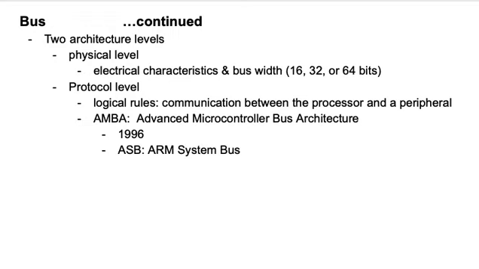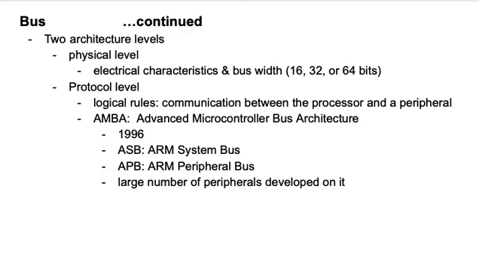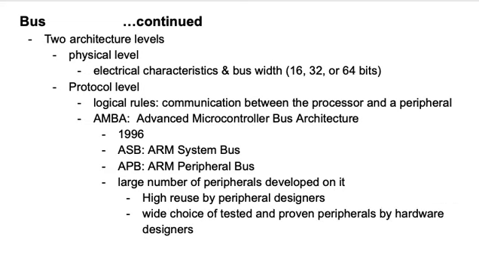AMBA, the Advanced Microcontroller Bus Architecture, which was announced in 1996, is most commonly used. It has two parts, ASB, which is the ARM system bus, and the APB, which is the ARM peripheral bus. A large number of peripherals have been developed for it, and hence peripheral designers can readily reuse these peripherals.